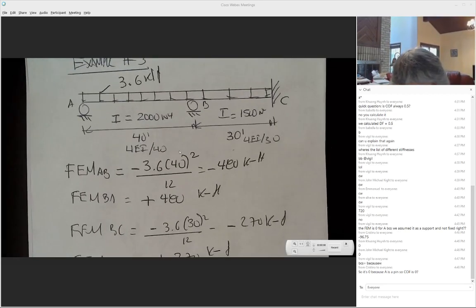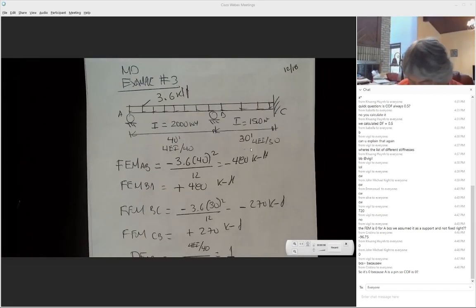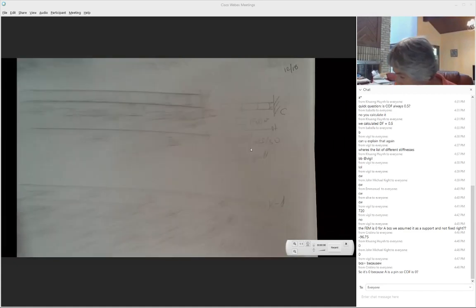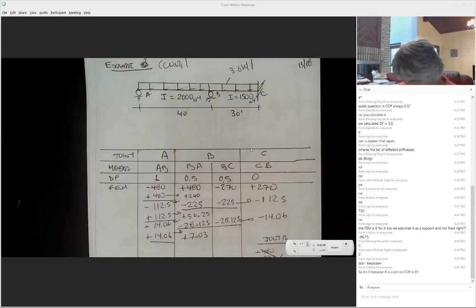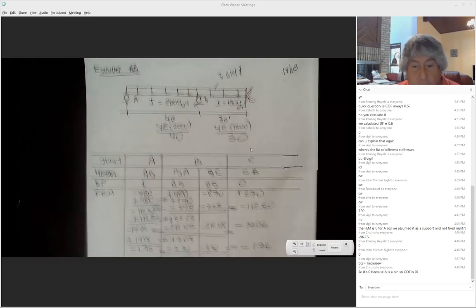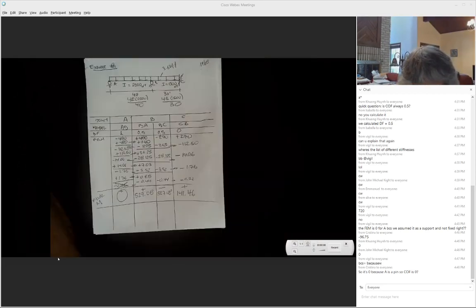I was using the 4EI over L. That's why I had to go through a whole bunch of computation to finally arrive at the same value, 0.